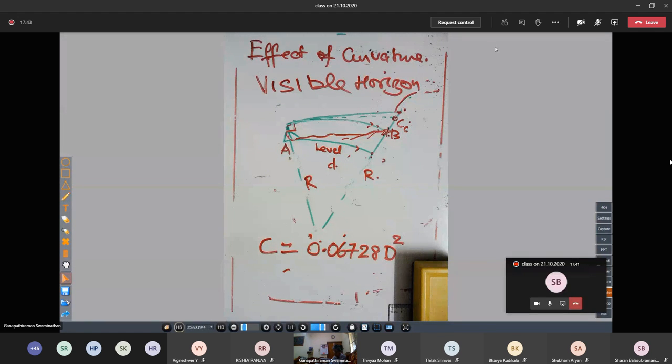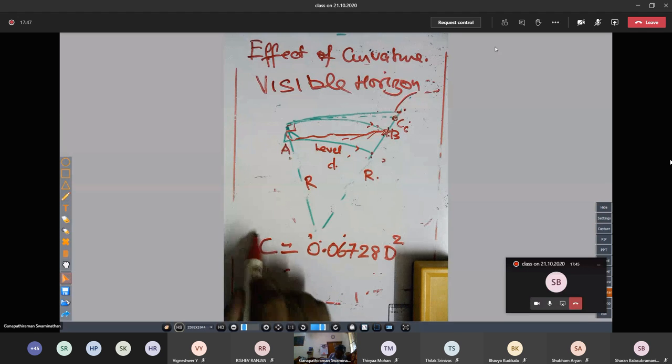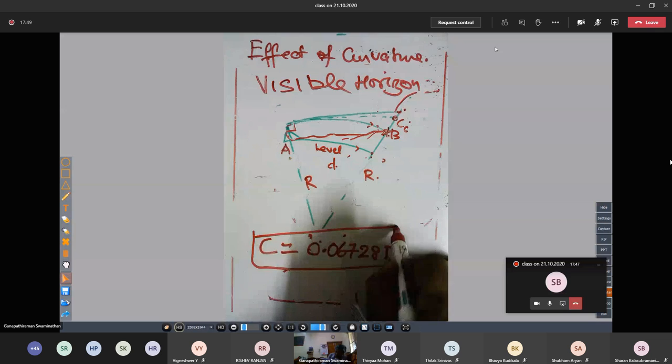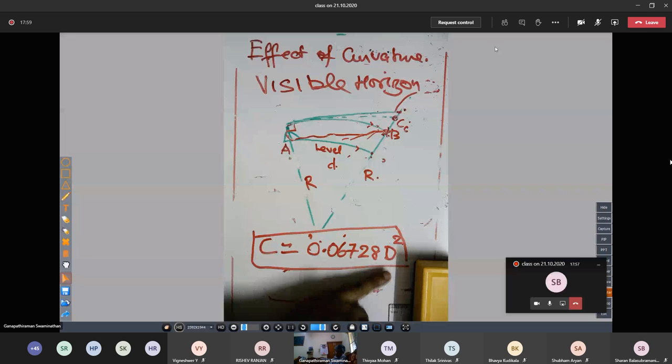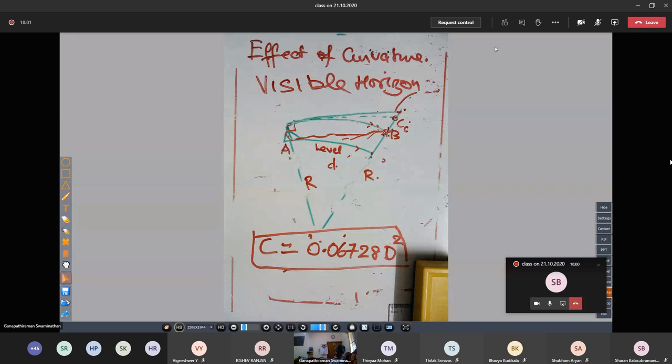Okay. This value you should remember by heart. So what is the combined correction due to refraction and curvature? 0.06728 D square. This is what is called the effect of curvature and refraction.